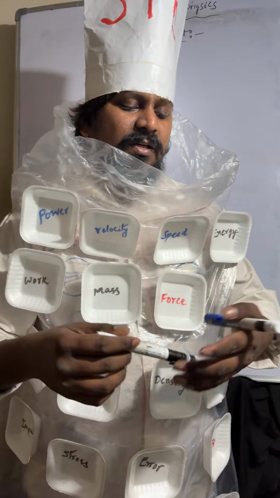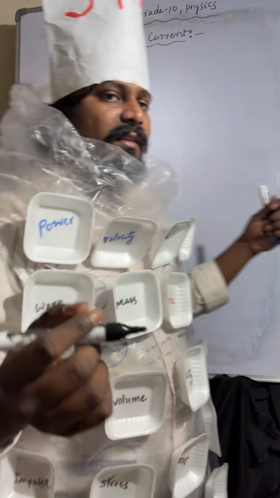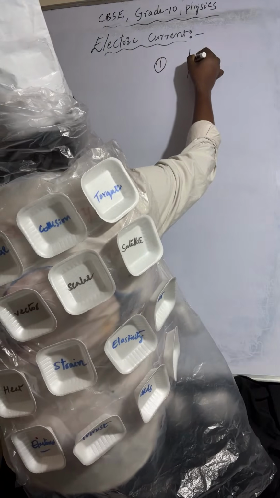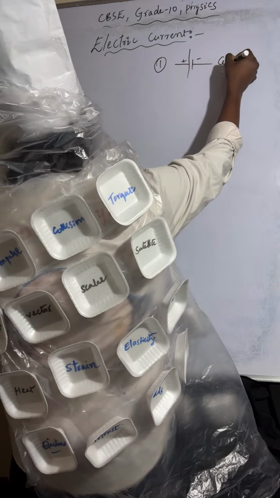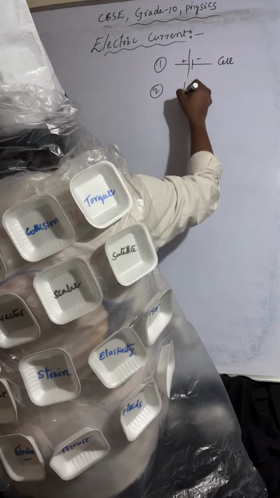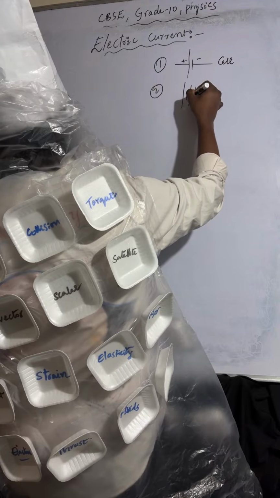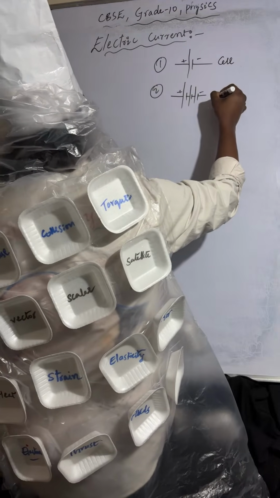First one is cell, with positive terminal and negative terminal. Second one is battery, with positive terminal and negative terminal.